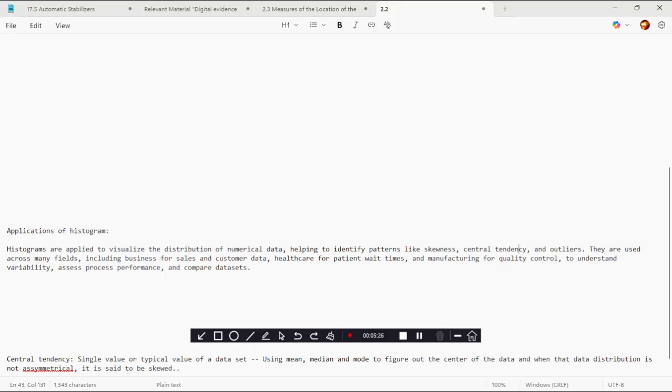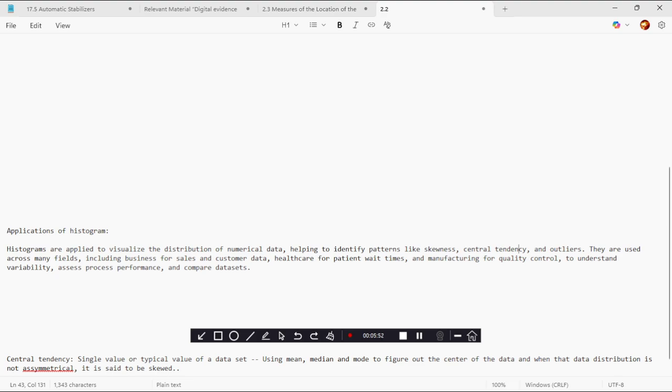It may also be used to figure out patient wait times in a clinical setting. It may be used in healthcare. It may be used for sales and customer data. It may be used for manufacturing, for quality control, QC. It may be used to understand variability, so to understand changes in your data.